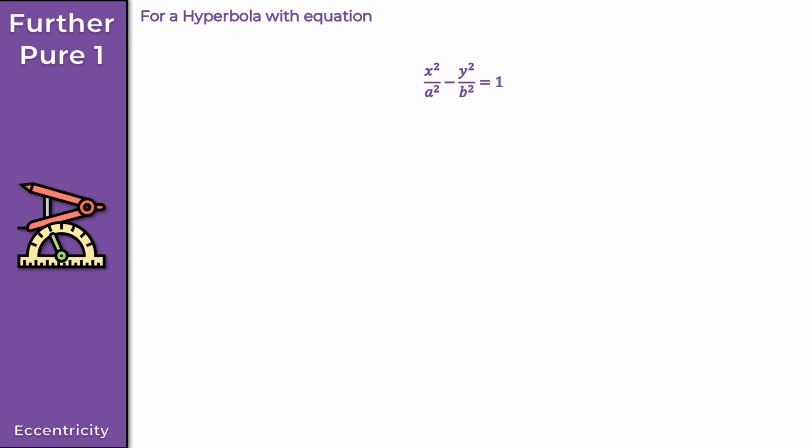To finish, for a hyperbola with the standard equation x squared over a squared minus y squared over b squared equals 1, the eccentricity e, which is strictly greater than 1, is given by b squared equals a squared times e squared minus 1. Notice this is slightly different to the way we find the eccentricity for an ellipse.